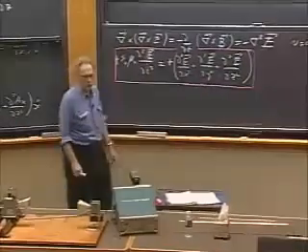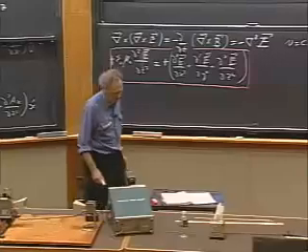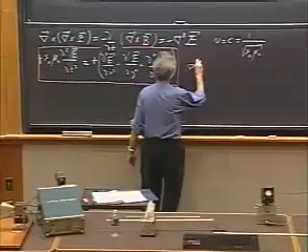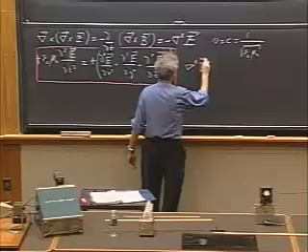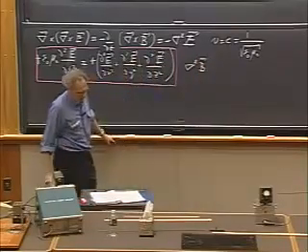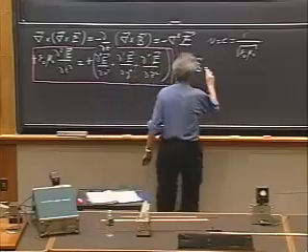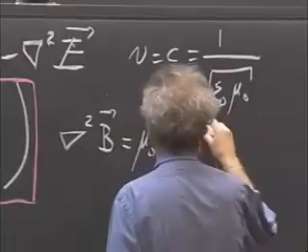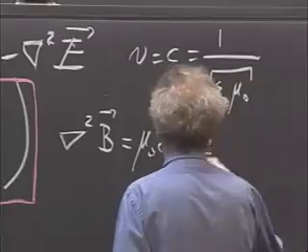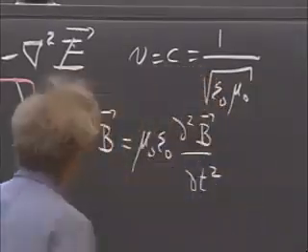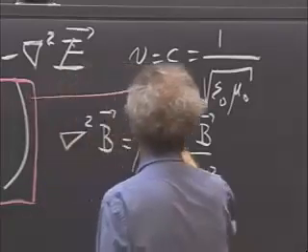Instead of taking the curl of E, you can take the curl of B, and then you will find that there must be an associated magnetic field for which del squared B equals mu 0 epsilon 0 times d2B/dt squared.